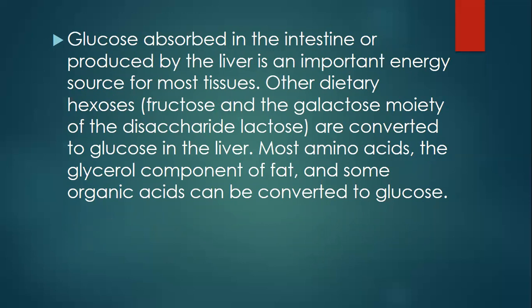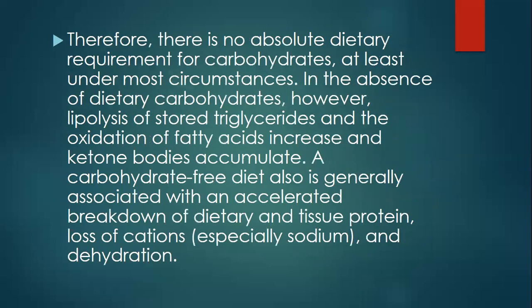Most amino acids, the glycerol components of fat, and some organic acids can be converted to glucose. Therefore, there is no absolute dietary requirement for carbohydrates, at least under most circumstances.